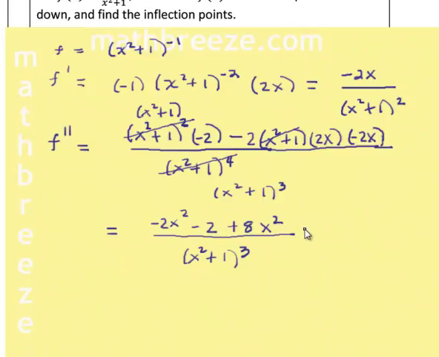Let's simplify this, and we have 6x squared minus 2 over x squared plus 1 cubed.